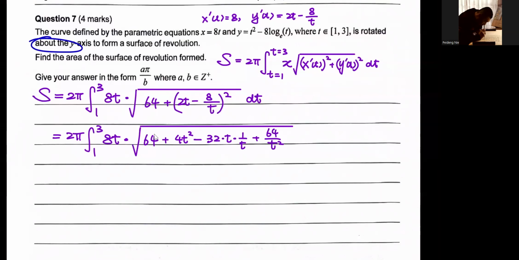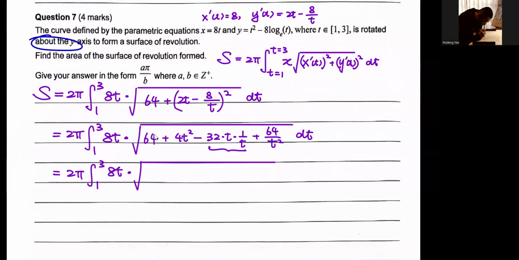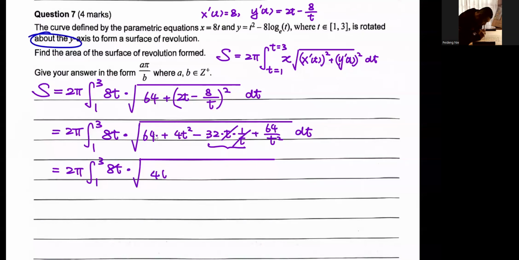Yep, that's pretty much what we can see. And you can see this middle term will be canceled out to minus 32. And eventually you get a 2 pi 1 to 3, 8t square root 4t squared plus 32 plus 64 over t squared dt.